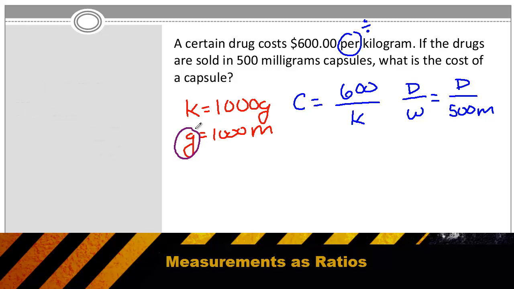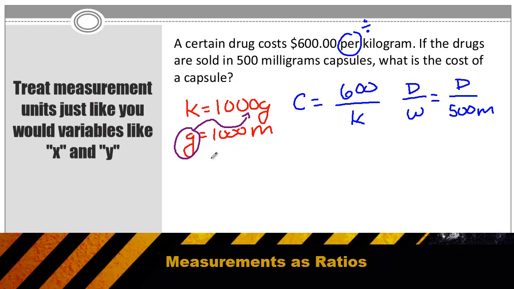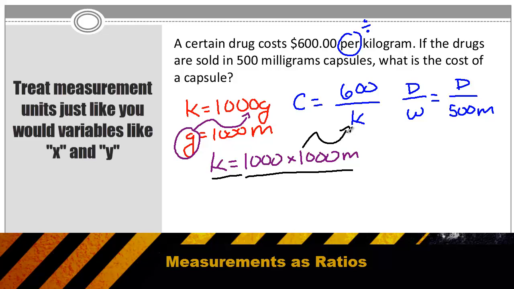So again, by simple substitution, I could write the equation that a kilogram is equal to 1,000 times 1,000 milligrams. From there, I can take my new definition of K and plug that into my first ratio. So the cost now is actually equal to 600 over 1 million milligrams. And that ratio is going to be equal to the dollars that I don't know yet over 500 milligrams.